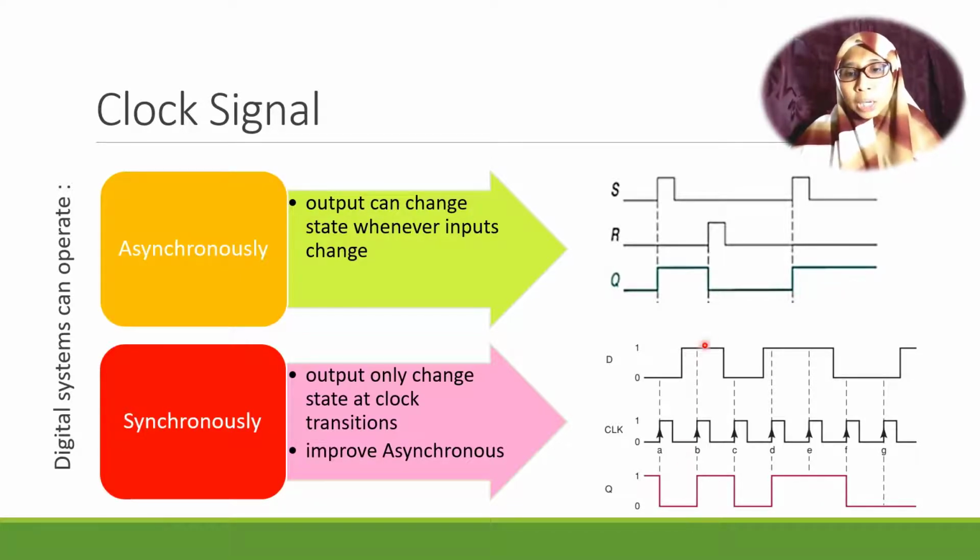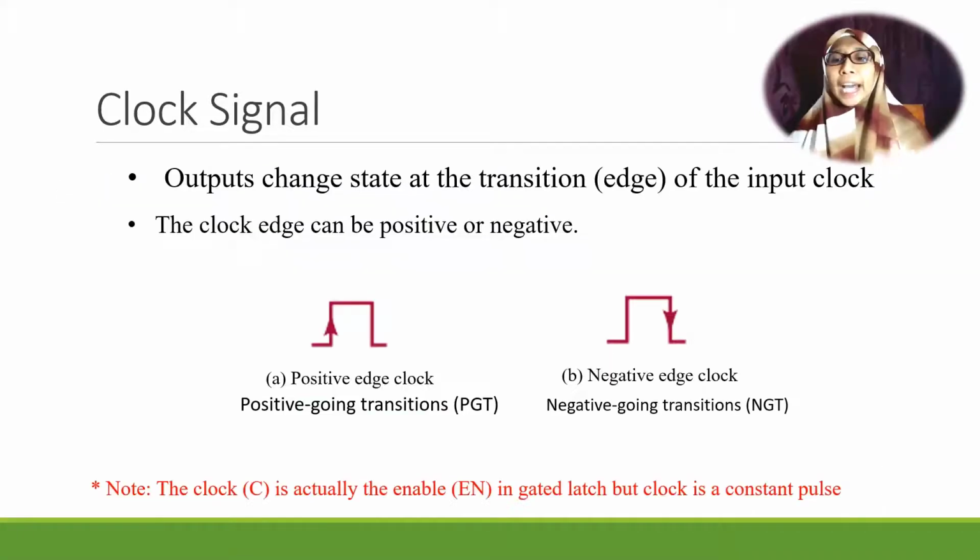But when it arrives at the clock transition edge here, the output signal changes from 0 to 1 according to the type of edge transition of our clock signal. So that's the difference between asynchronous and synchronous systems. The output can be changed based on the edge of the clock.